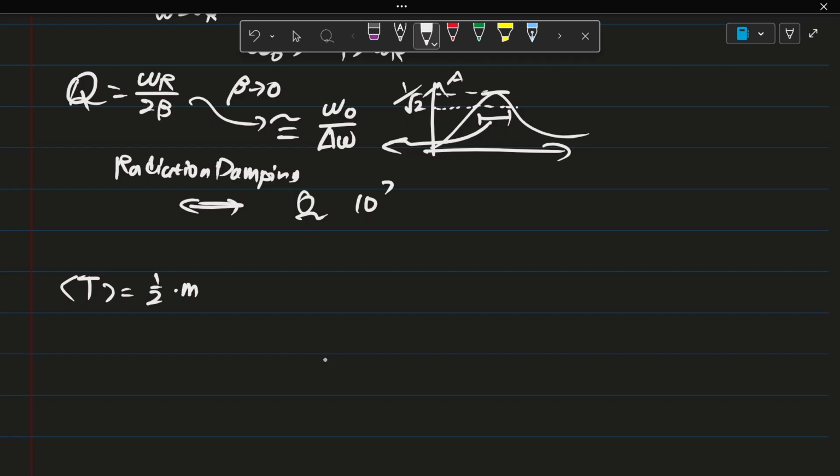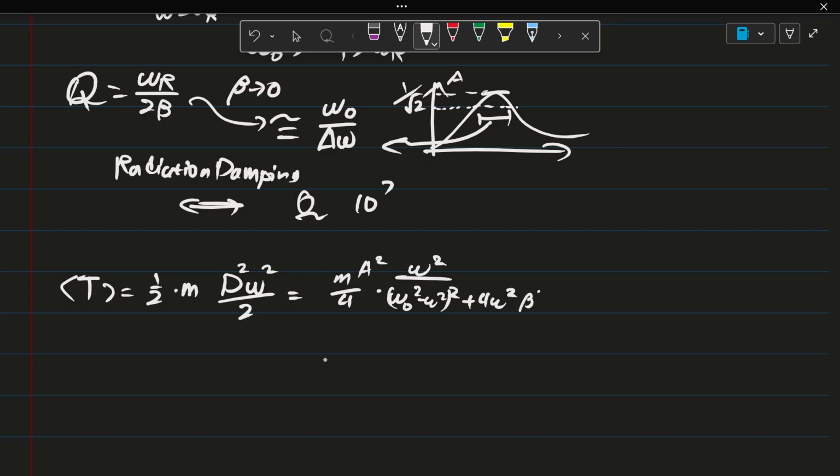And the v squared will correspond to a squared omega squared, divided by 2 because for cosine squared the average is around half. So this value could be easily determined to be m over 4 a squared, omega squared over omega 0 squared minus omega squared, everything squared, plus 4 omega squared beta squared.